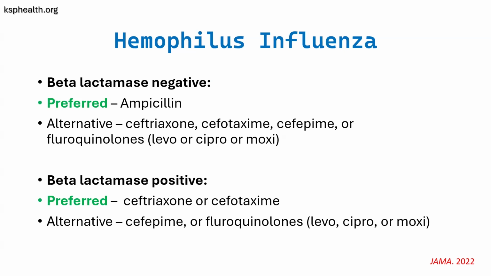The alternatives are ceftriaxone, cefotaxime, cefepime, or fluoroquinolones such as levofloxacin, ciprofloxacin, or moxifloxacin. For beta-lactamase positive patients, preferred agents are ceftriaxone, cefotaxime. The alternatives are cefepime or fluoroquinolones like levofloxacin, ciprofloxacin, or moxifloxacin.